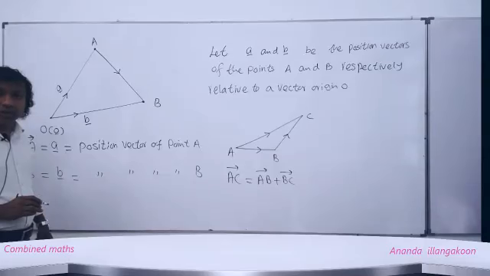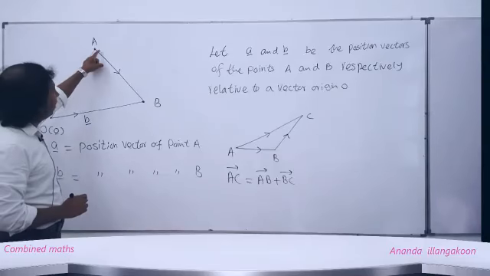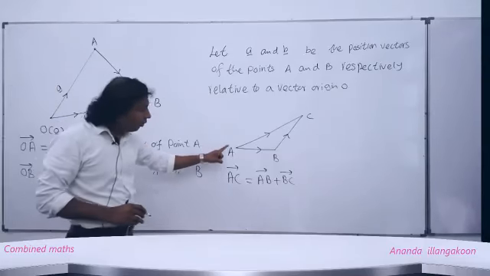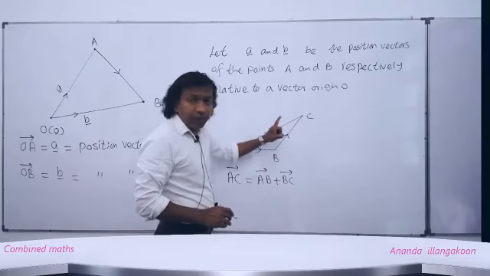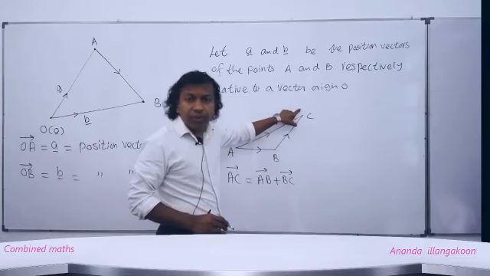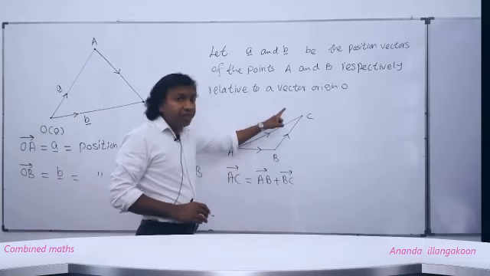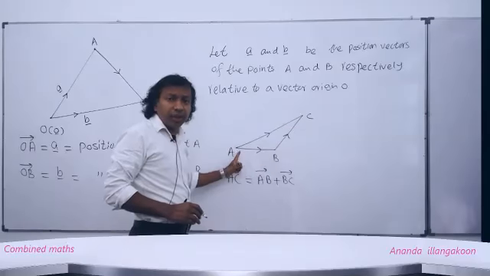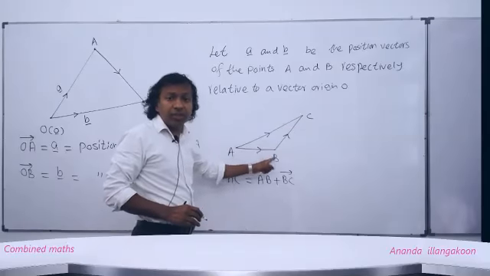When you write vector AC using the triangle law of vector addition, how do you write that? AC vector is equal to AB plus BC.